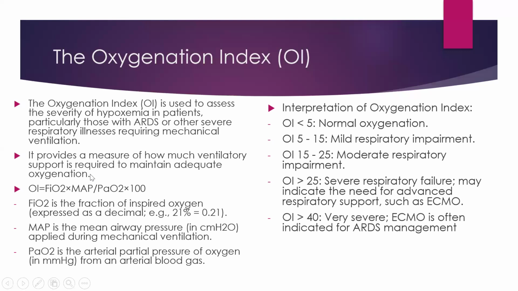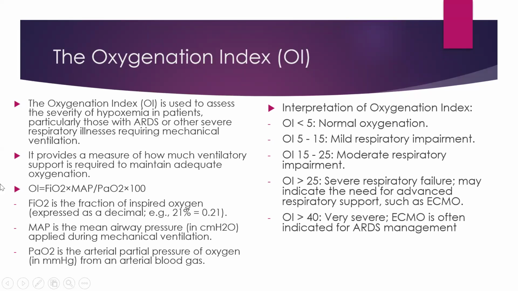The second one to use is what we know as the oxygenation index. And this is particularly useful for our ventilated patients. What it's telling us is how much pressure is needed to ventilate this patient to a normal PaO2.